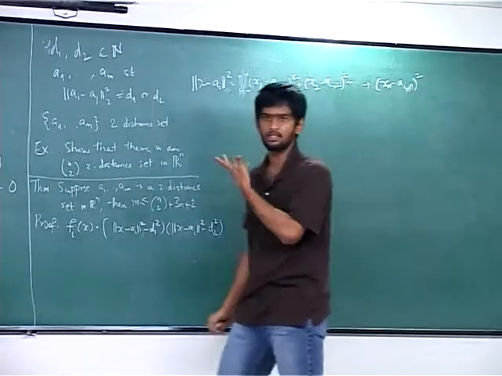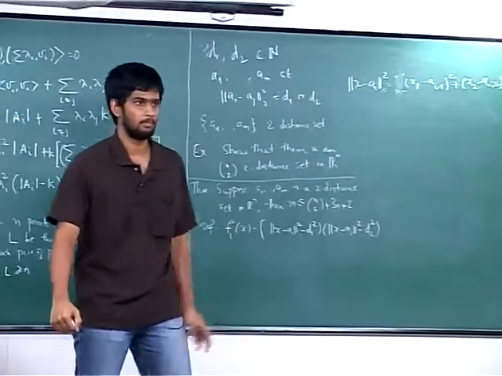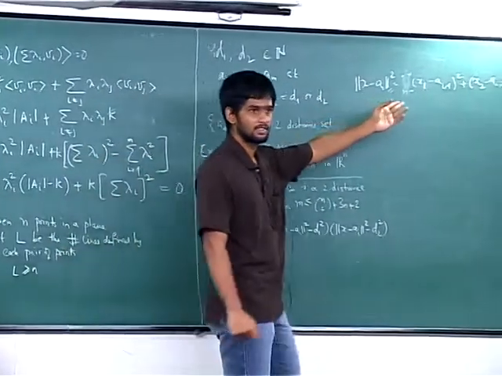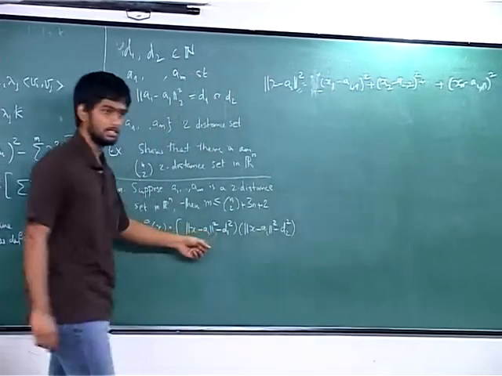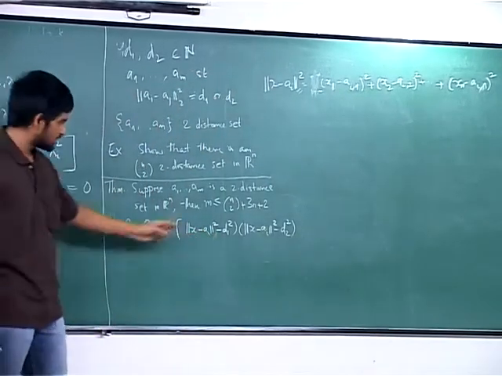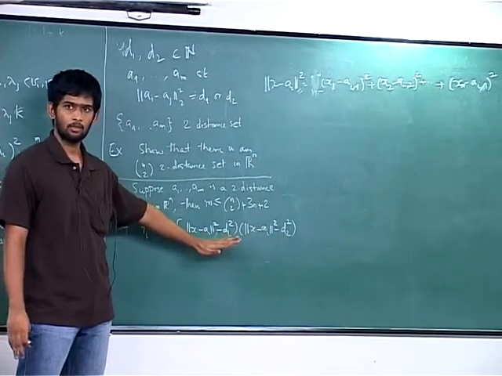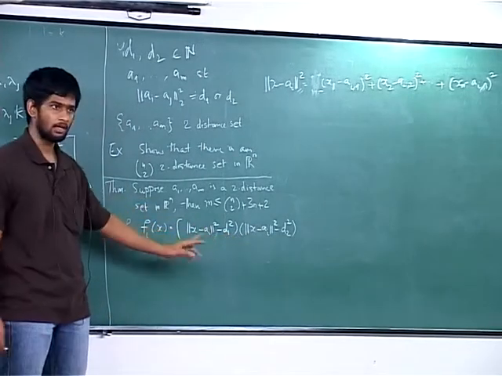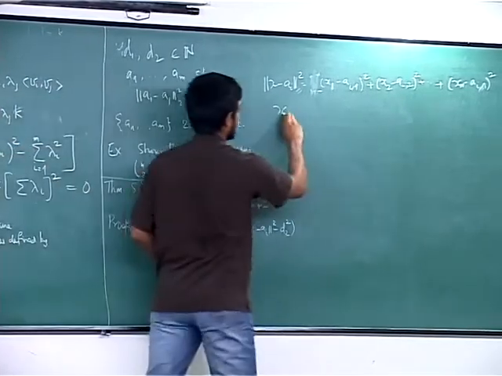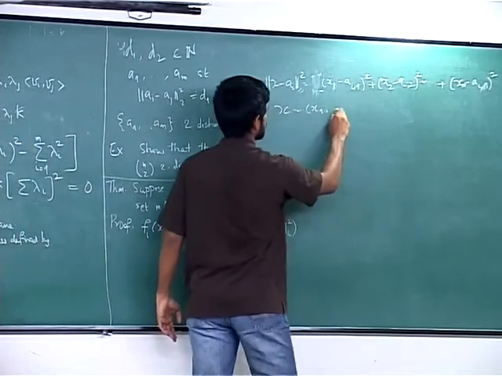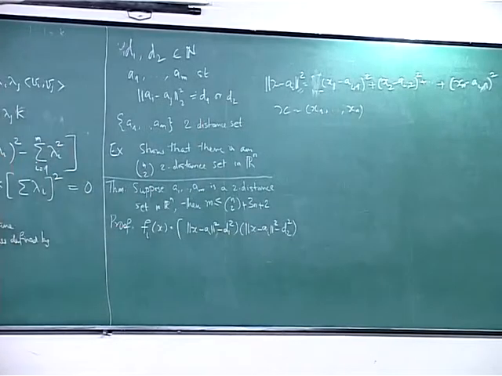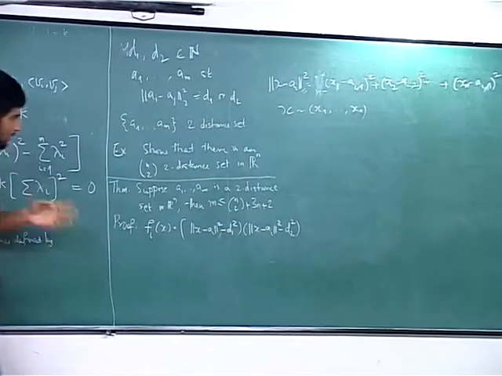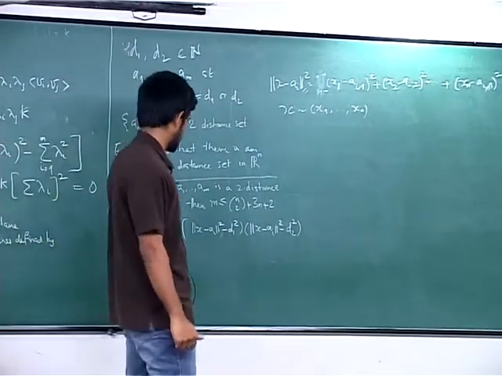It's the usual Euclidean norm, the usual distance that you have. So this is some polynomial in x. It's an n-variate polynomial, where x corresponds to x1 to xn. This is an n-variate polynomial of degree 4, right?